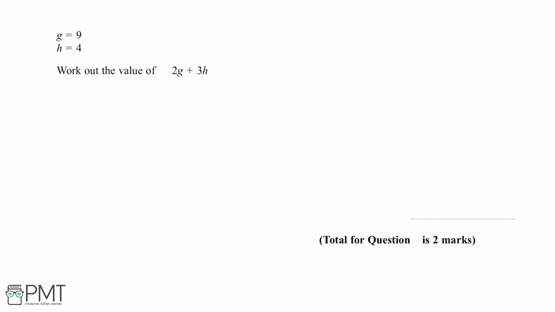g equals 9, h equals 4, work out the value of 2g plus 3h. So for this question, we're going to want to substitute the values of both g and h into this expression.